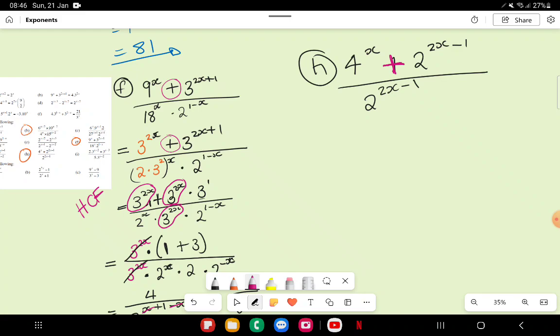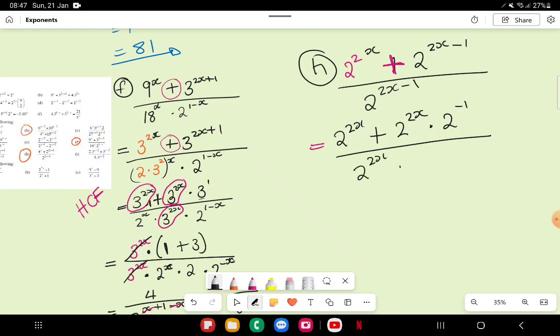I like prime bases. So let's convert our first one to prime base. This 4 will then become 2 to the power of 2. Okay, now that I got my prime bases sorted out, I am going to split. And if I split, I am going to end up having 2 to the power of 2x plus 2 to the power of 2x times 2 to the power of negative 1 over 2 to the power of 2x times 2 to the power of negative 1.